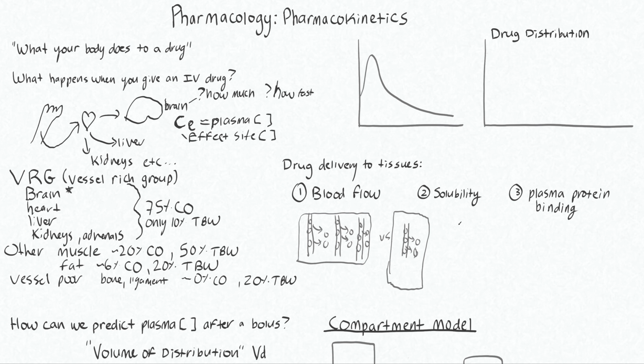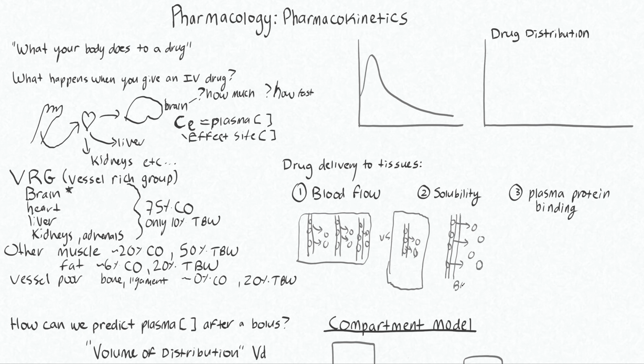The solubility will also increase the drug concentration in your tissue. So imagine again you have a vessel and your drug needs to cross into a tissue, and if it is soluble in this tissue, it will more readily transfer into that tissue.